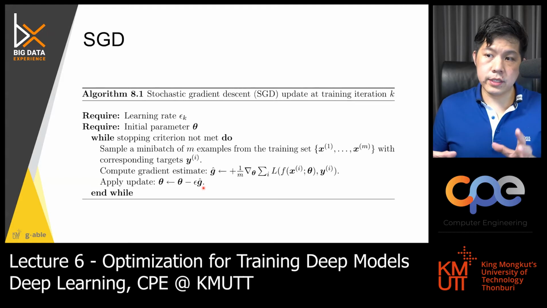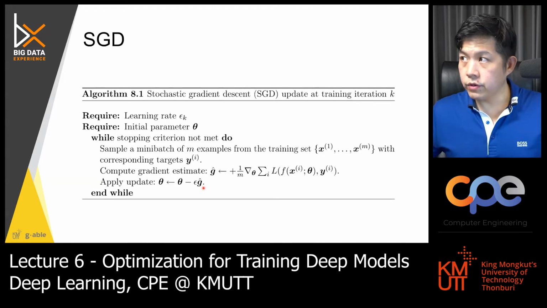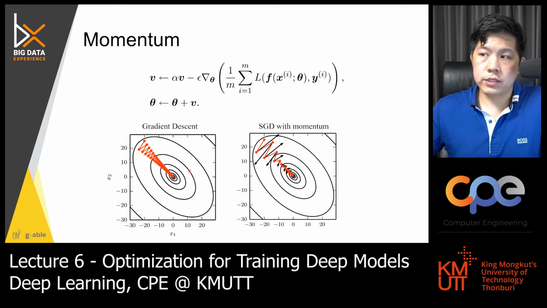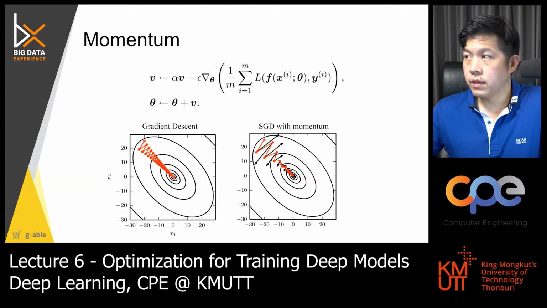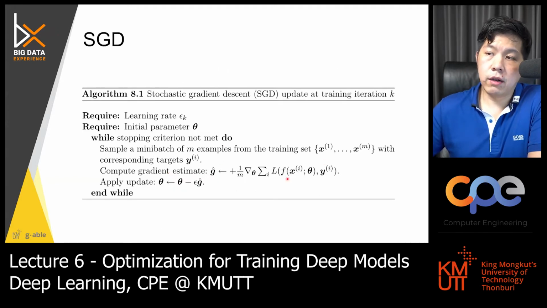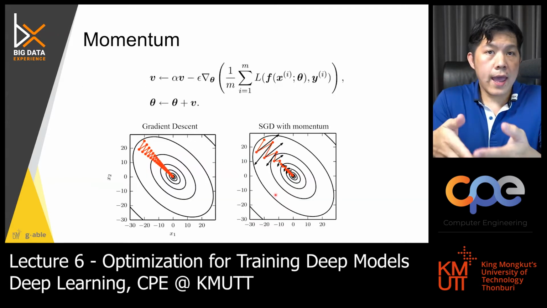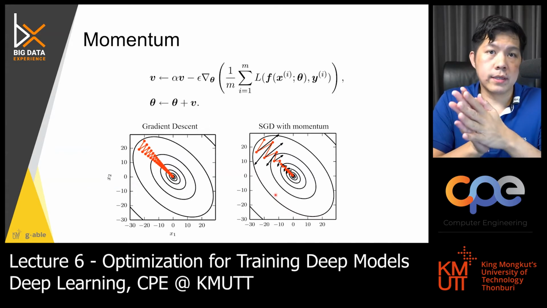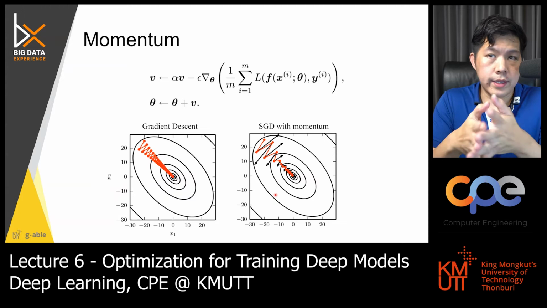So if you take a look at the next slide here, for gradient descent or stochastic gradient descent, the solution would try to move to the final solution like this. But instead of having just this adjustment alone, you can add the momentum to the gradient.